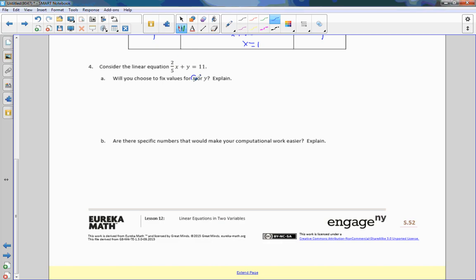So I will choose values for x in multiples of 5, because then I remove the fraction.